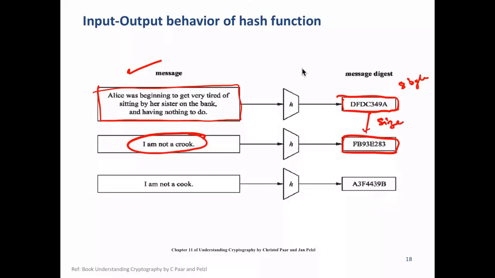If you change just one letter, drop this letter R, and the input message is "I am not a cook", then you can see the output varies a lot from the previous, because one letter change may result in a huge change in the output. This is actually taken from a hash function. So you can see the difference between these two. This is a property.